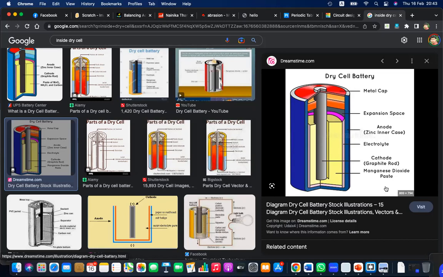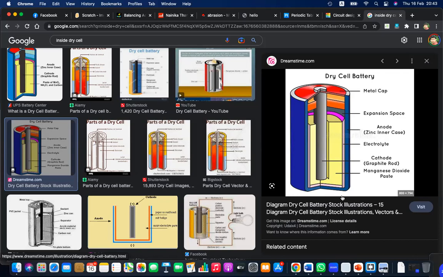Then you have manganese dioxide filling, right? That is what is normally there. Manganese dioxide filling in the middle, then the graphite rod, right? That is the cathode. Then you have the zinc plate as the anode.